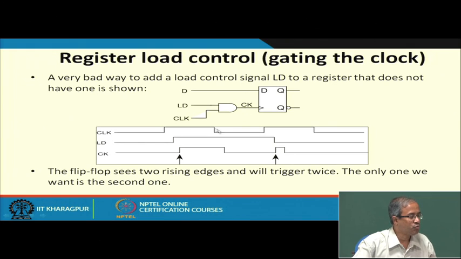But actually what you want is that for one clock period, the CK should come only once, maybe this second time, and this one should not be there. So, if you gate it like this, depending on when you are making load high and when you are making load low, your number of clocks generated may be wrong, okay? Maybe 2 times.